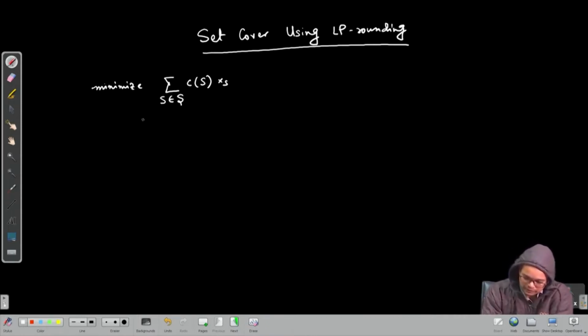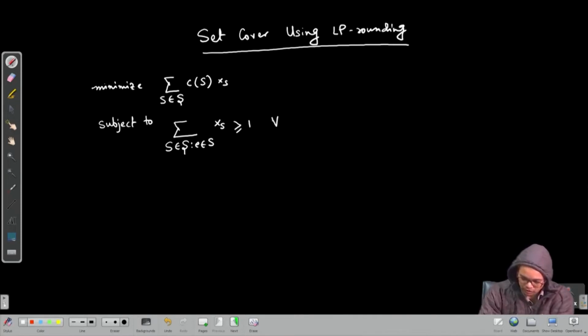And the constraint is, subject to, for each element E, summation over the sets S containing E, X_S is greater than or equal to 1.